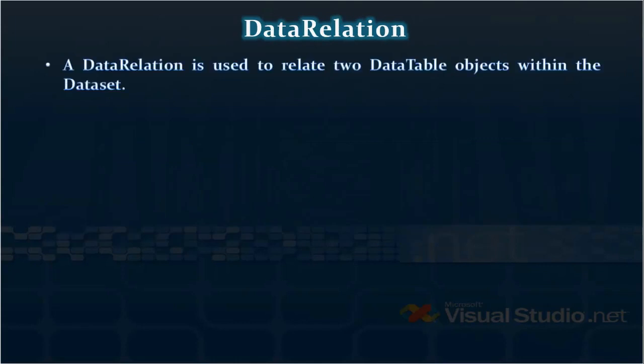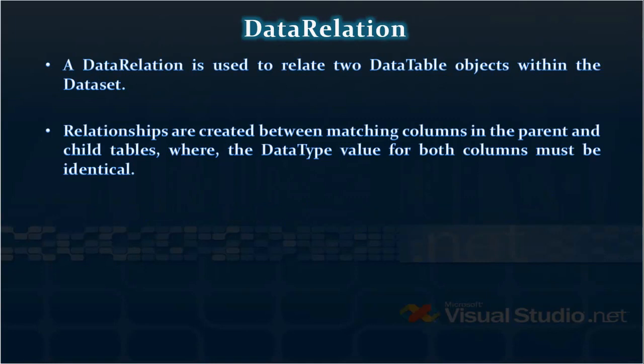Okay, relations. A DataRelation is between two or more DataTable objects. In other words, two or more tables. How do you relate them? Using a relationship where there are parent and child, and the data type for both the columns must be identical, like the ID stored in this one should be the same as the one in the main ID.